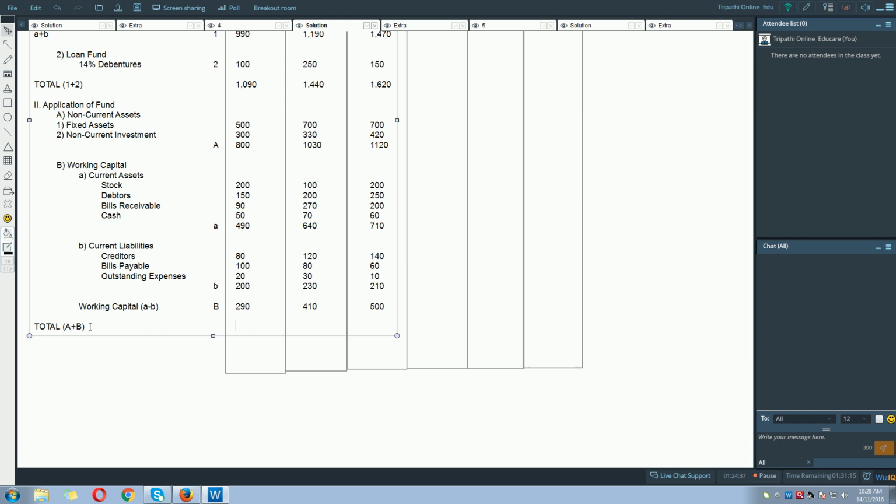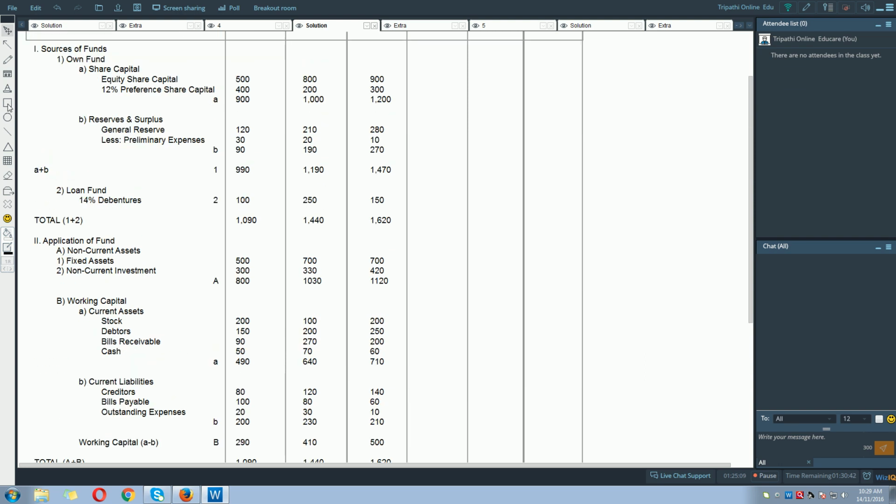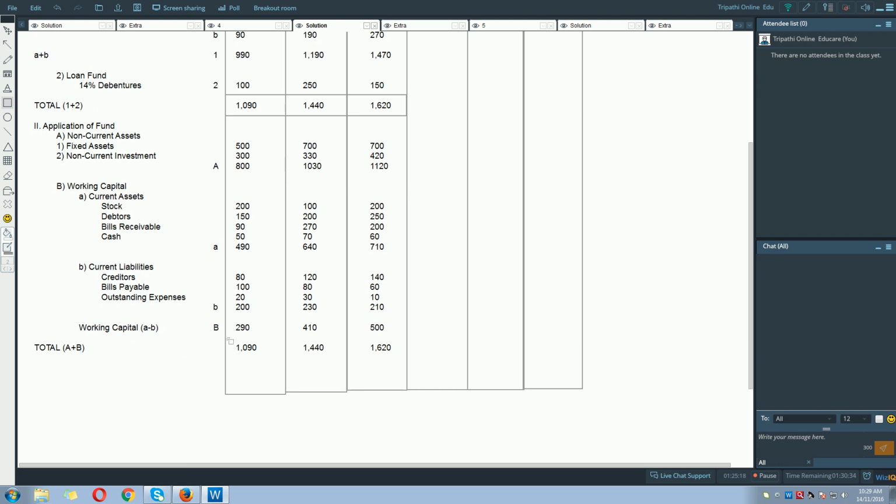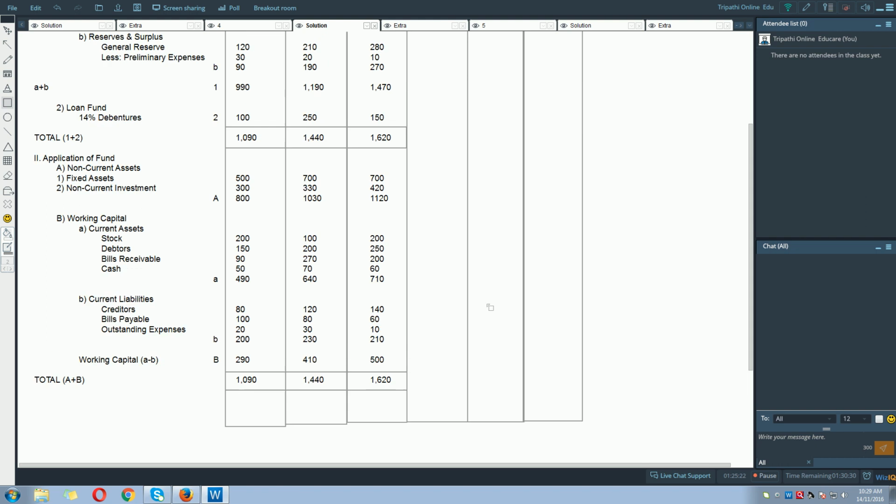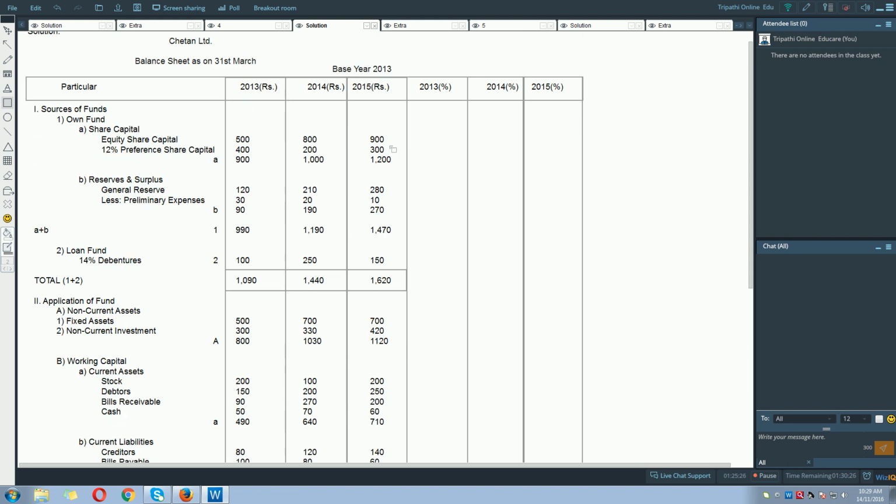So now the working capital, which will be A minus B. So 490 minus 200 will give you 290 of the first year, 640 minus 230, 410 for the second year, 710 minus 210, 500 of the third year.